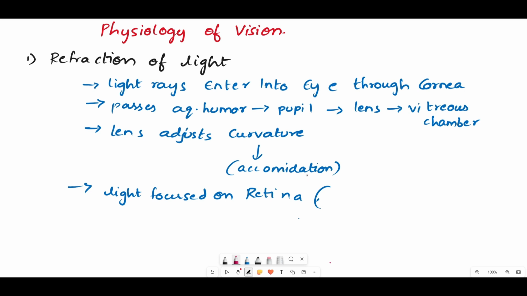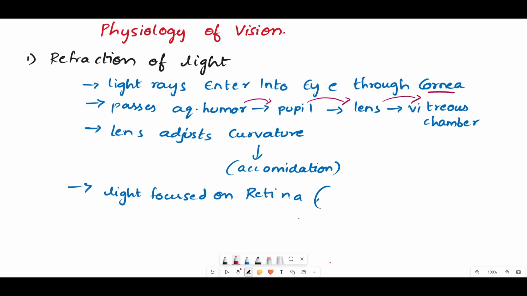So, coming back to the first step in the physiology of vision is the refraction of light. The light rays enter the eye through the cornea, then they pass into the aqueous humor. From there it reaches the pupil, then the lens, and finally reaches the vitreous chamber.